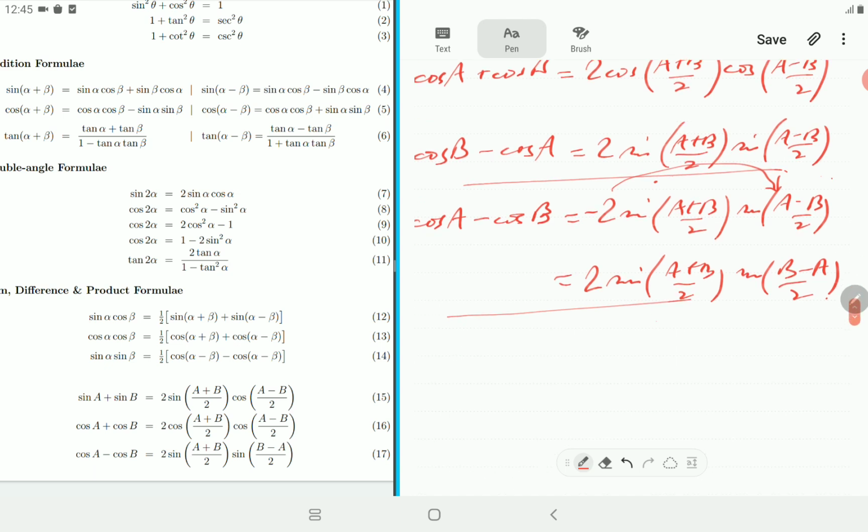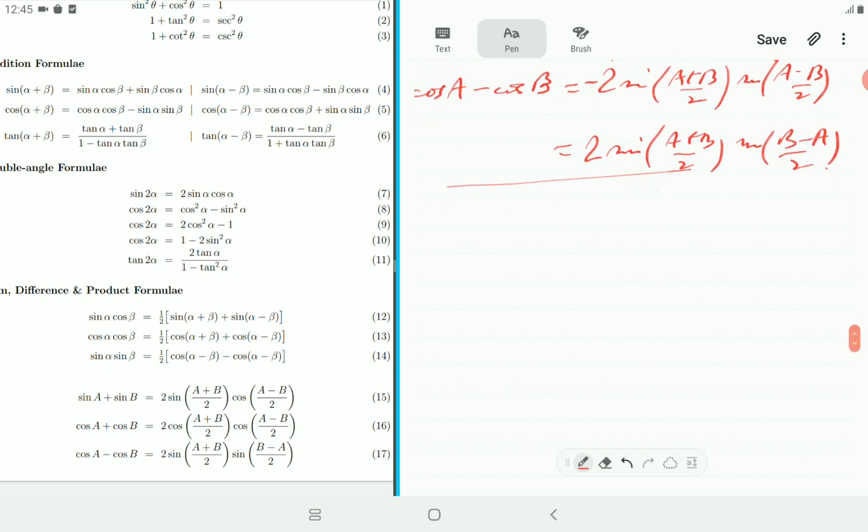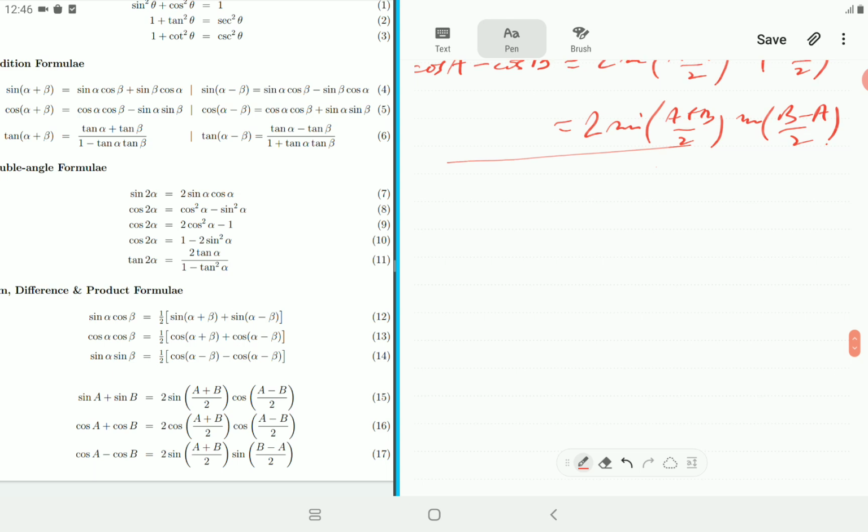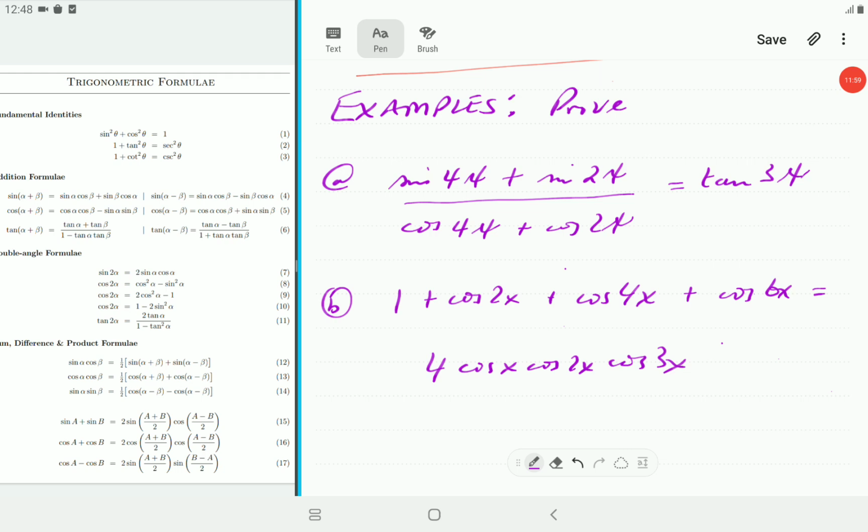Now let's look at an example of how to apply these formulas. Right, in this example we want to prove in A that sine 4 psi plus sine 2 psi over cosine 4 psi plus cosine 2 psi is equal to tangent 3 psi.